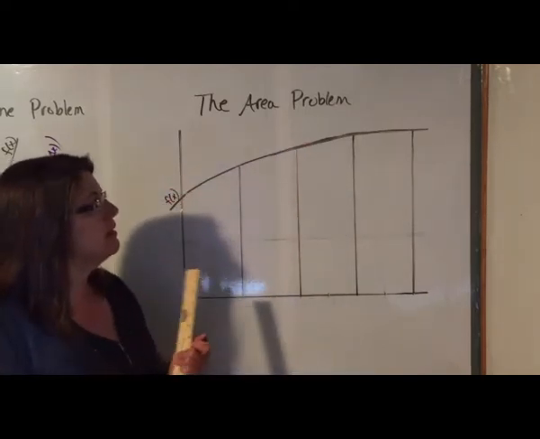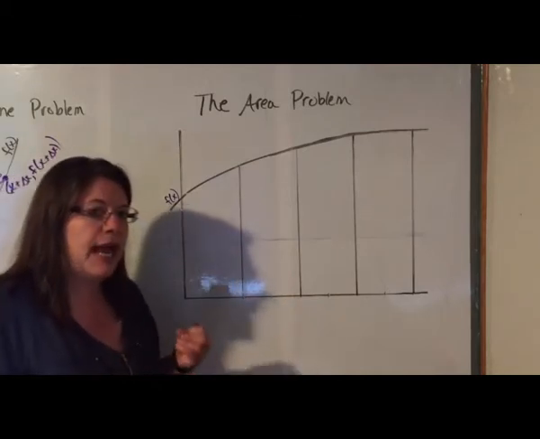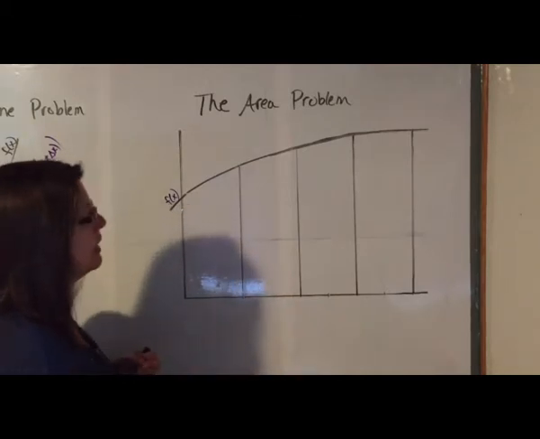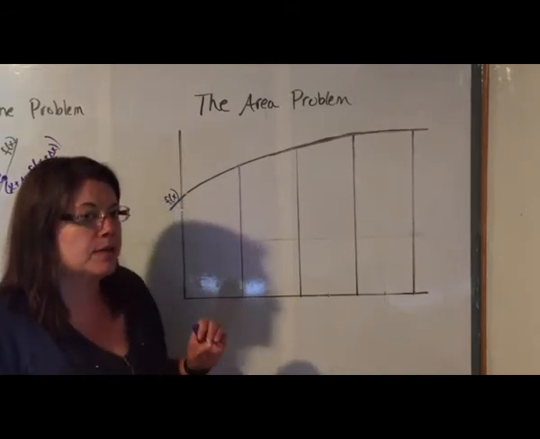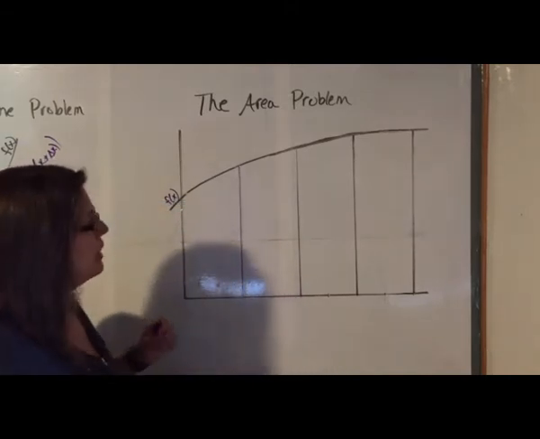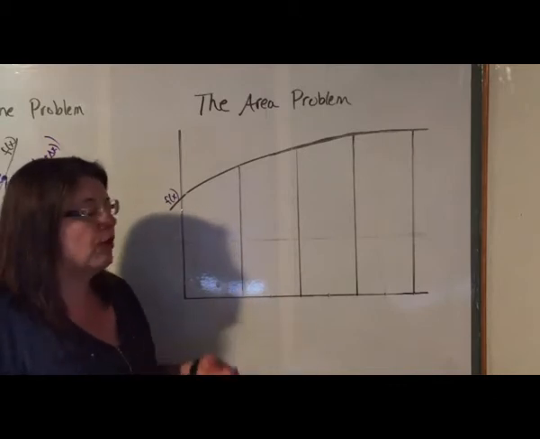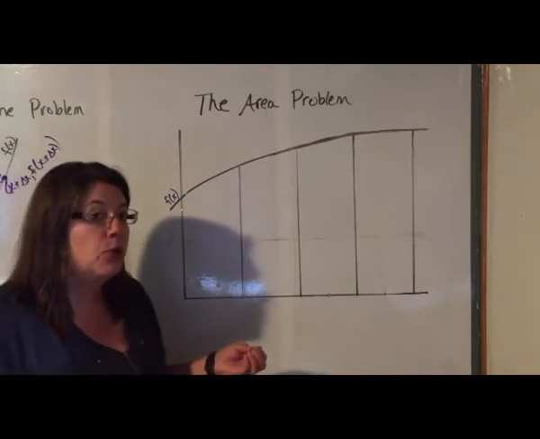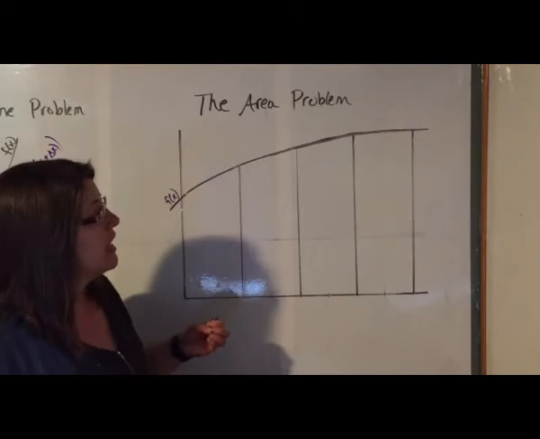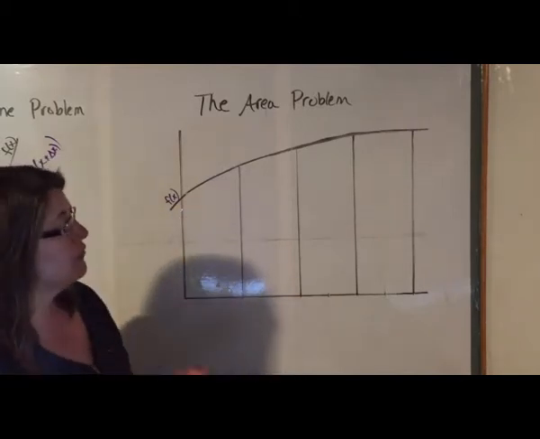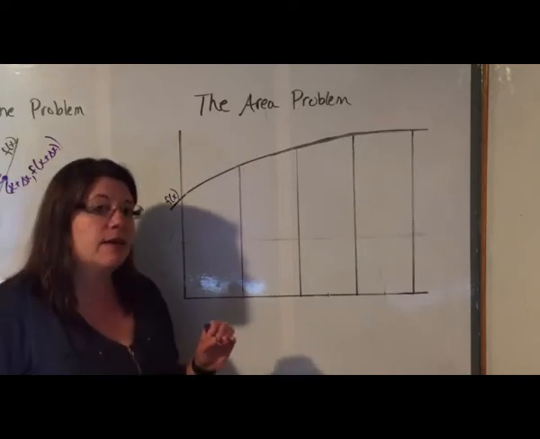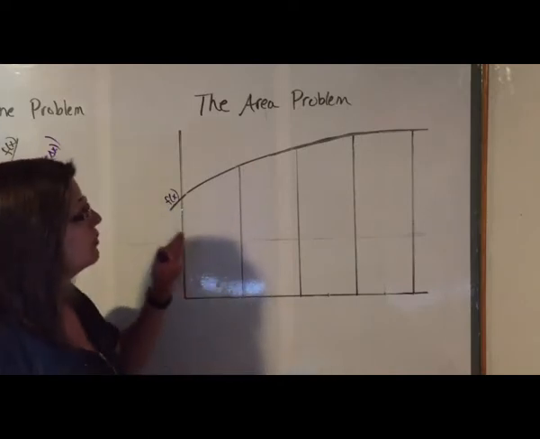And in the area problem, they're going to ask you to estimate the area under the curve using something called Riemann sums. And in Riemann sums, you could have a left Riemann sum, you could have a right Riemann sum, you could have a midpoint sum, or you could use a trapezoid rule to find the sum. And basically, all of those different problems are ways of estimating the area under the curve.